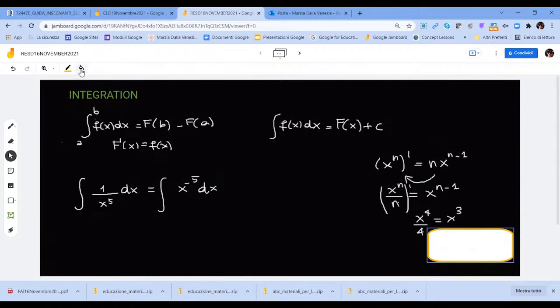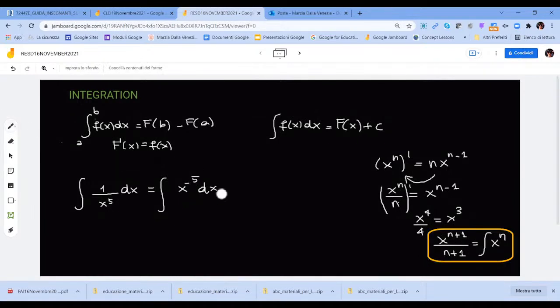Okay, that means that if we want to compute the primitive of this integral, we have to raise the power by 1. That means minus 5 plus 1, that is minus 4, and divide by minus 4, plus c.